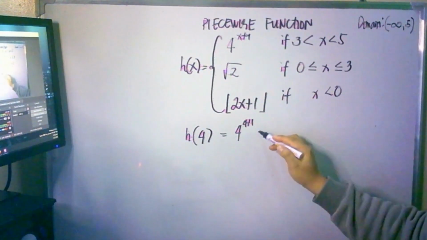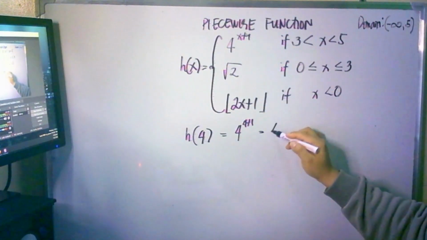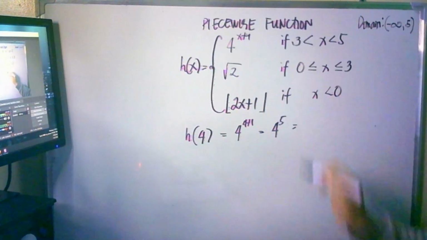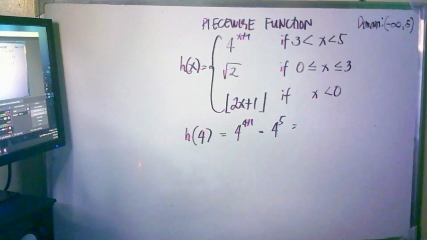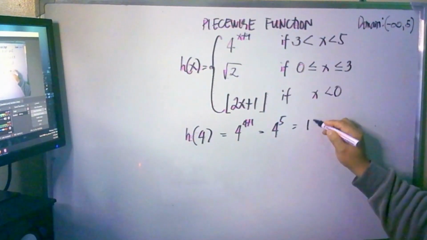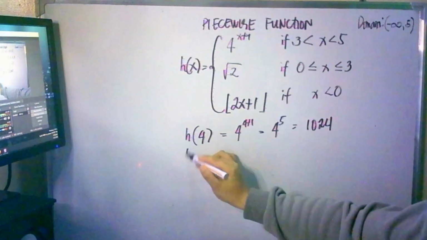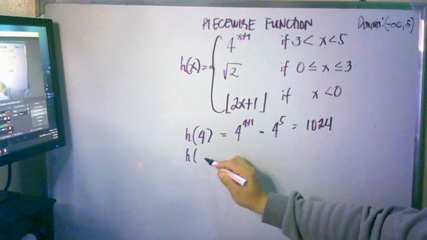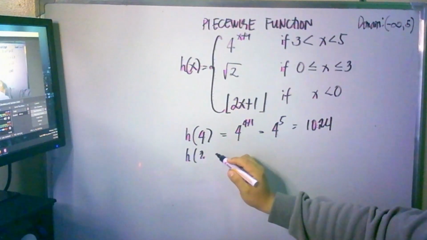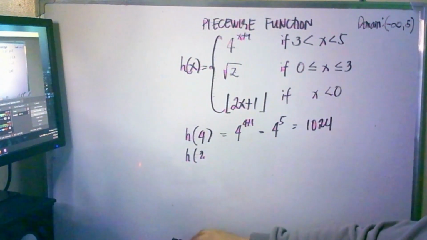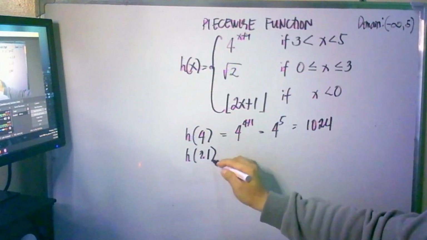Tama? Yes, sir. That is 4 raised to 5. What is 4 raised to 5? 1,024. Okay.